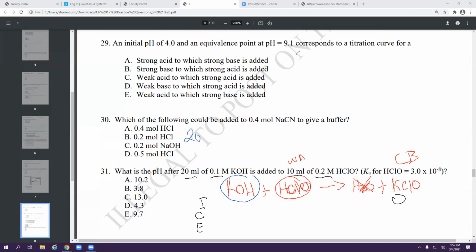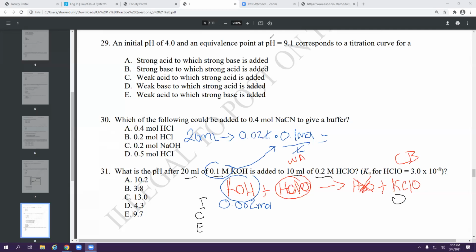So, 20 milliliters is going to equal 0.02 liters times 0.1 moles per liter, which I just got from here. So 0.02 times 0.1 gives me 0.002 moles.